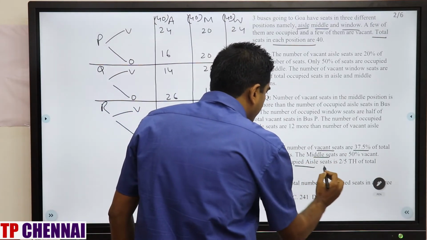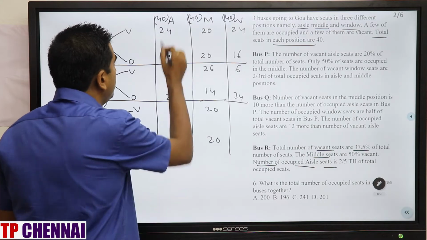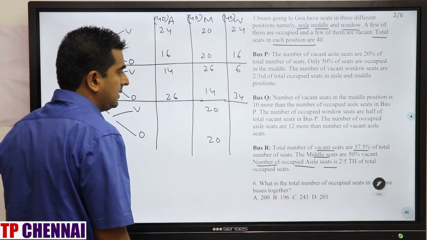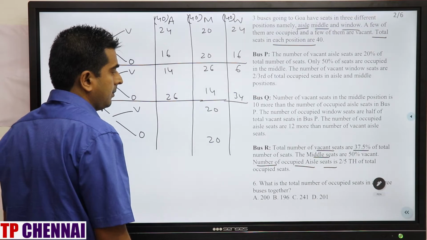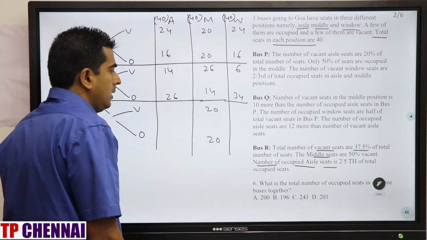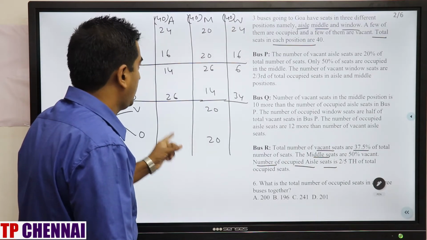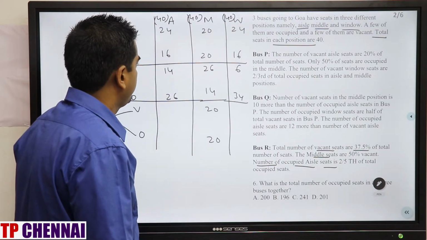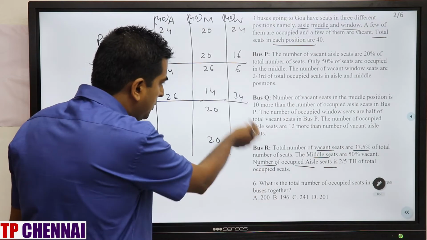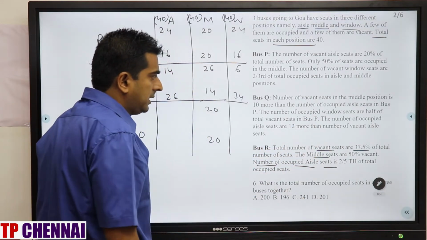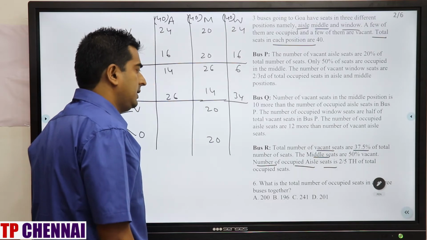The number of occupied aisle seats is 2 by 5th of the total occupied seats. Before that, we will come to this line. Total number of vacant seats is 37.5% of the total number of seats.